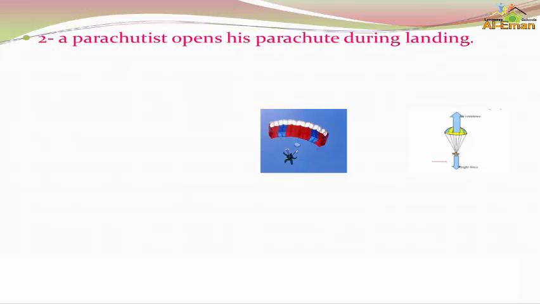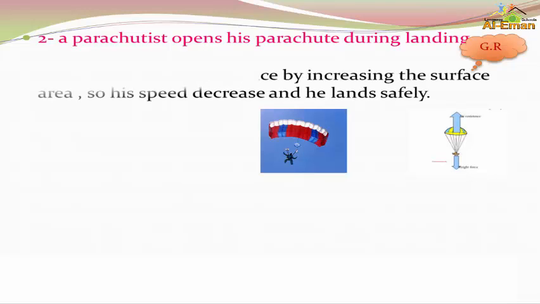Number 2. A parachutist opens his parachute during landing. Why does he open his parachute during landing? Excellent. To increase the air resistance by increasing the surface area. If we increase the surface area, the speed decreases and he lands safely. Okay?